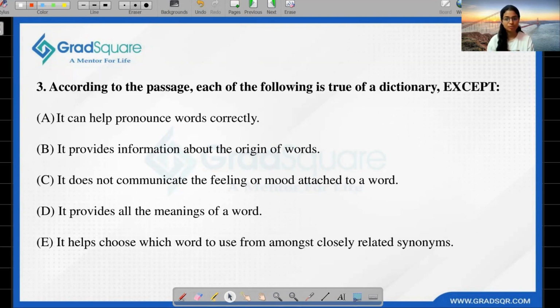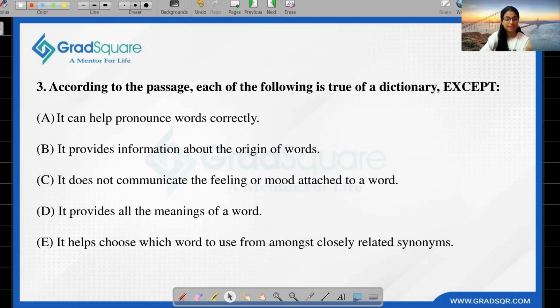It provides information about the origin of words. It's again mentioned at the end of the second paragraph, where we had the word etymology, and it's paraphrased as the origin of words in option choice B. So we can eliminate this option as well because it's true according to the passage.